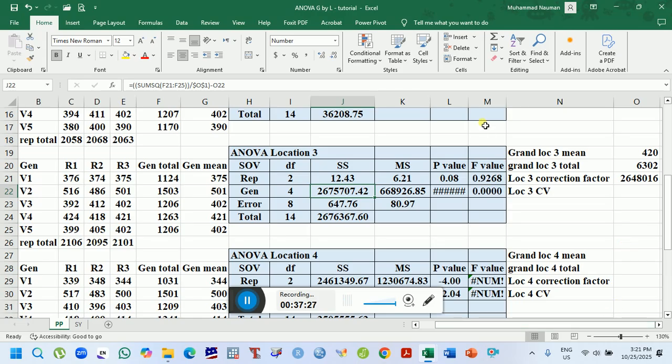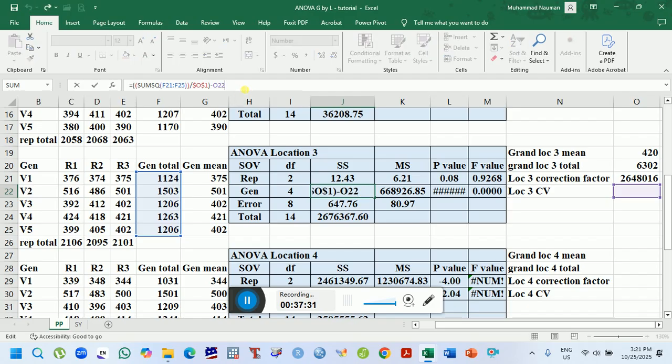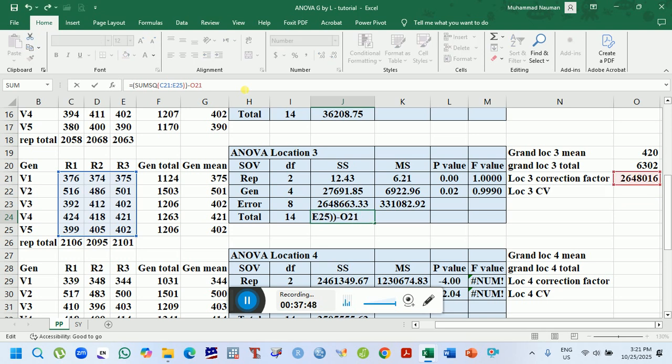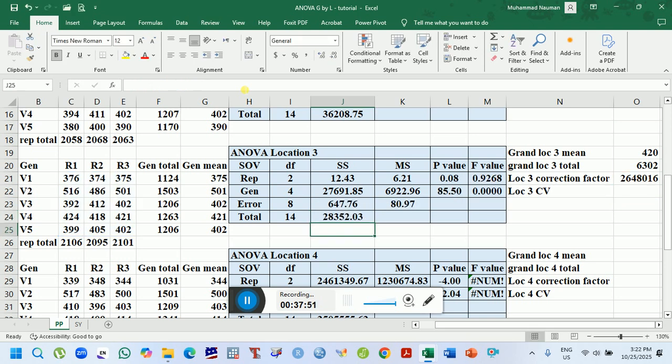Enter. Give error sum of square and directly open total sum of square. This location also gives significant, highly significant genotype differences.